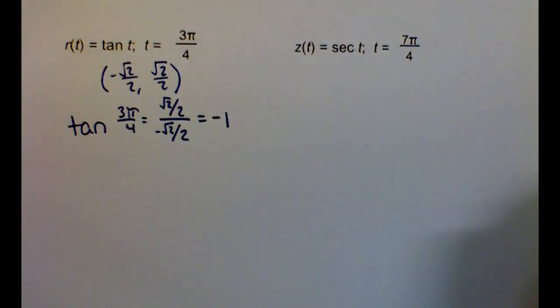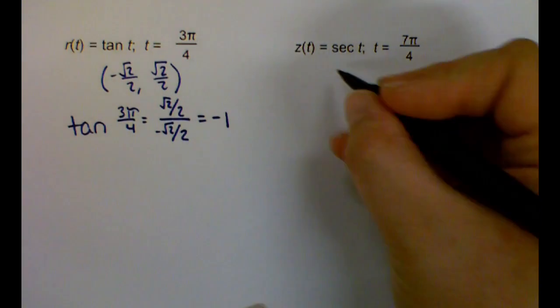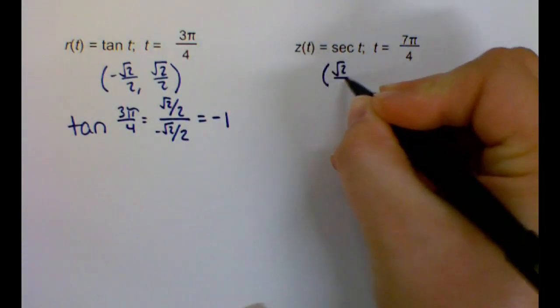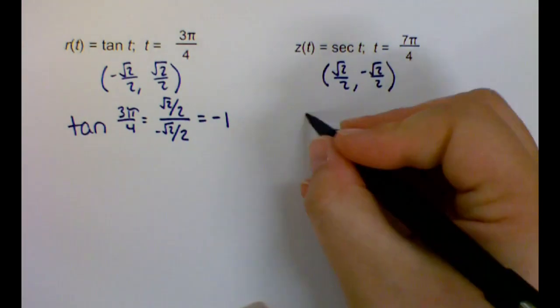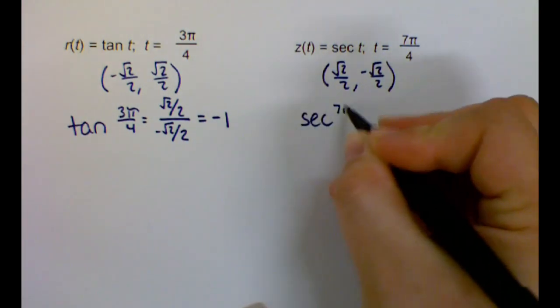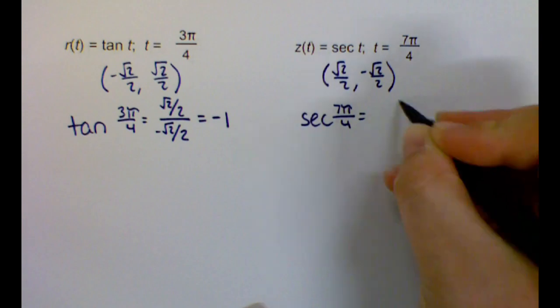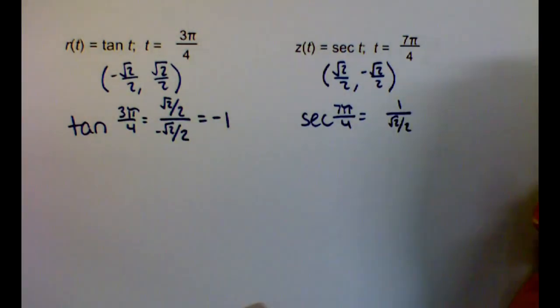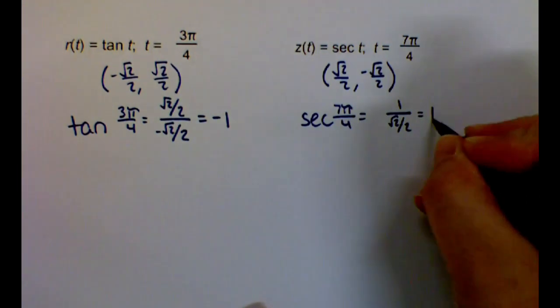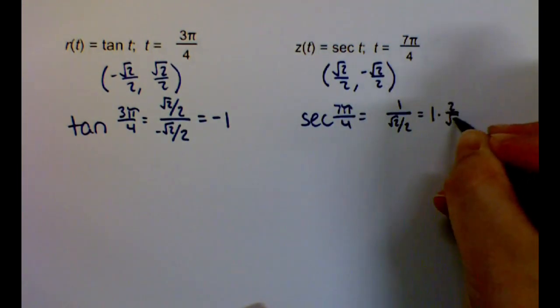Secant of 7 pi over 4. Find 7 pi over 4. The coordinate is square root 2 over 2, negative square root 2 over 2. So secant is 1 over the x value, which is square root 2 over 2. To divide by a fraction, remember that we multiply by its reciprocal.